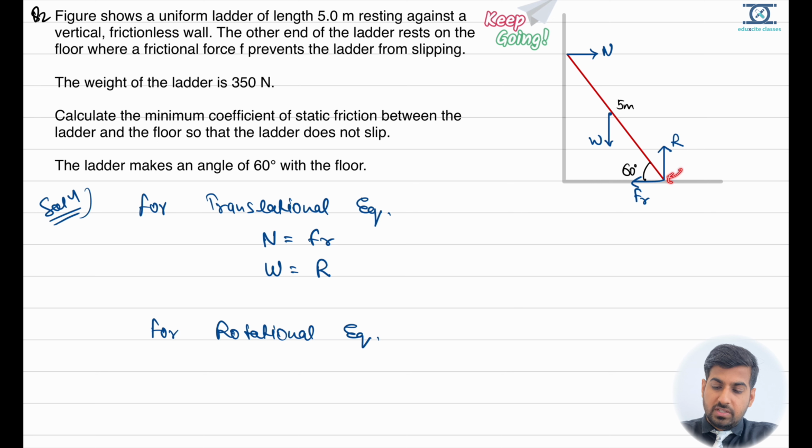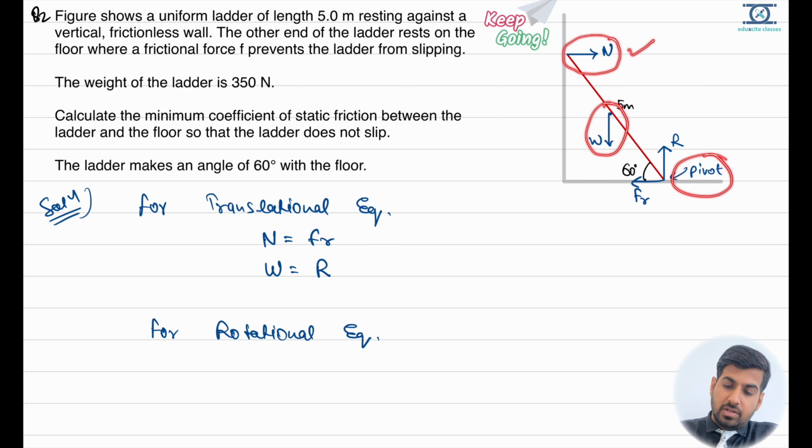So I take this point as my pivot about which the ladder may rotate. So the two forces which have a torque about this point will be the normal reaction force, this one, and the weight. Now this will be the line of action and this will be the perpendicular distance, right?